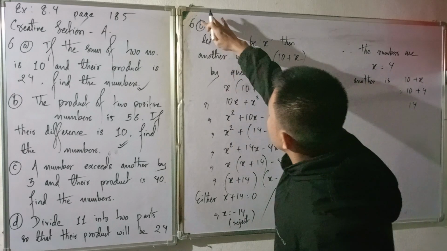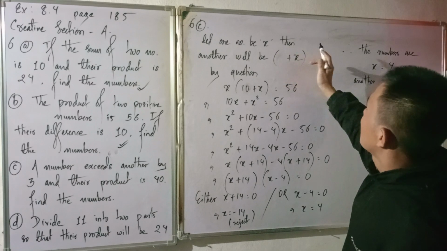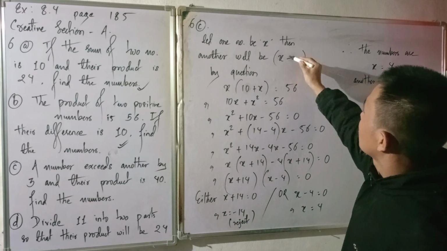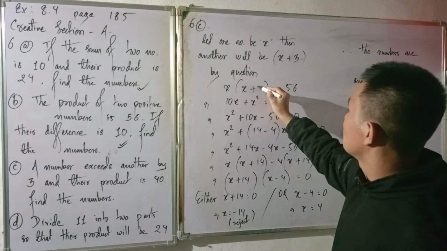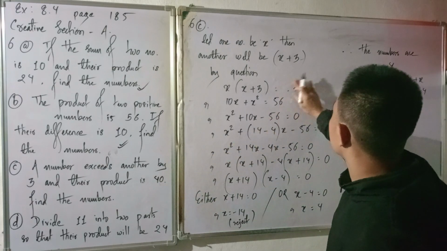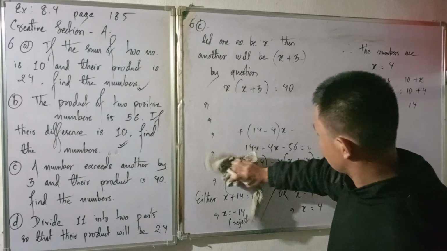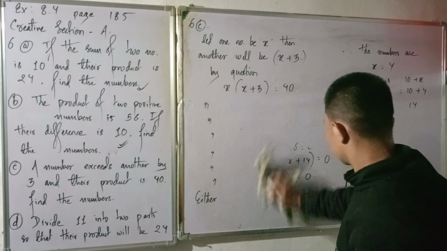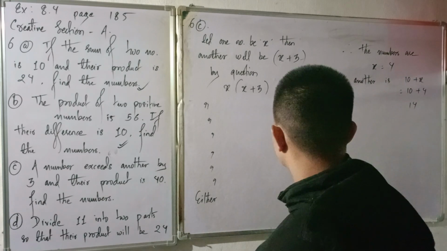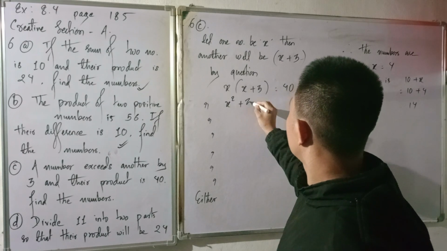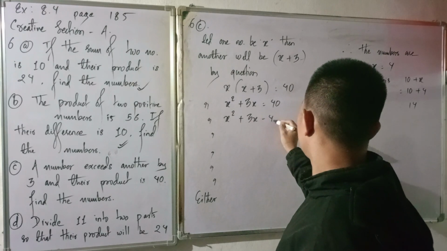So in number 6c, let one number be x, then the other will be x plus 3. Now by the equation, x times x plus 3 must be equal to 40. So x squared plus 3x equals 40, or x squared plus 3x minus 40 is equal to 0.